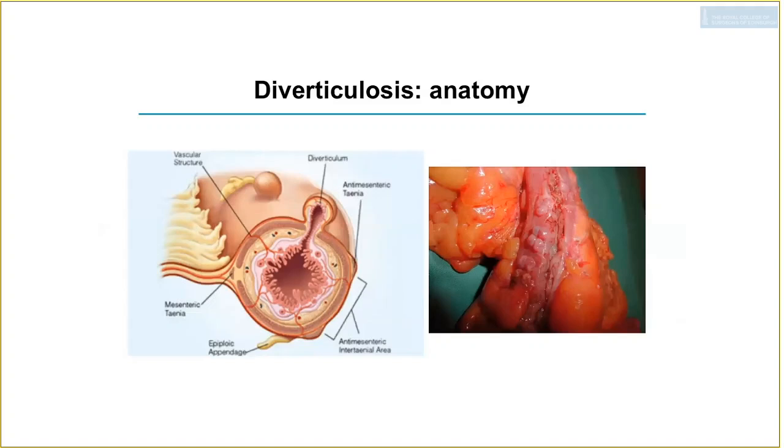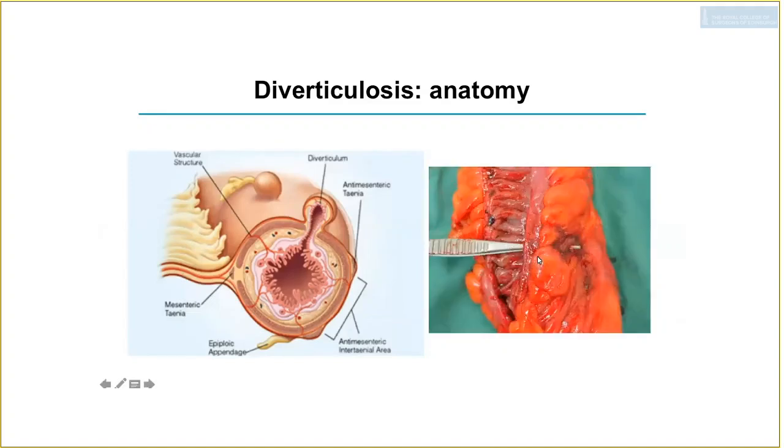But suffice to say that here is diverticulosis. Here's a diagram on the left showing the diverticulum, which tend to come out, don't they, between the longitudinal muscle, that's the taenia coli, and you can see a photographic section of a resected specimen with the multiple diverticula there.